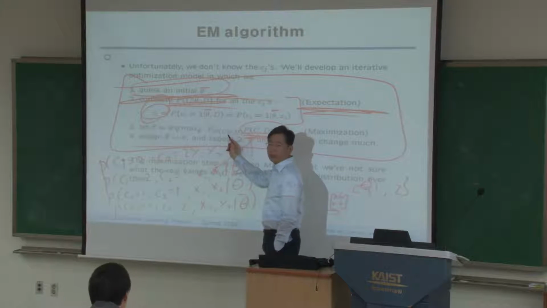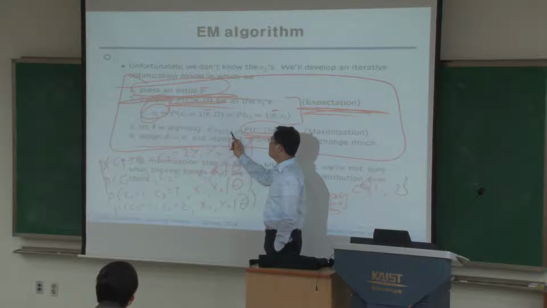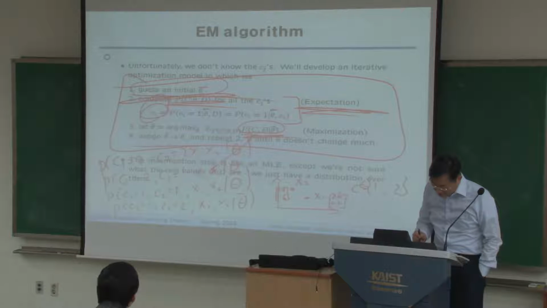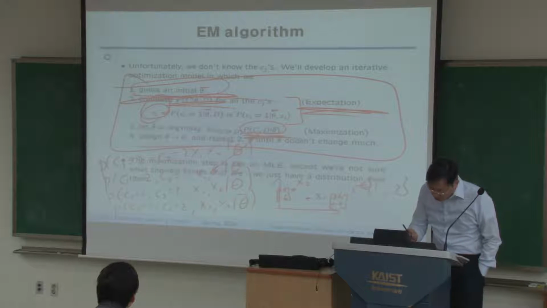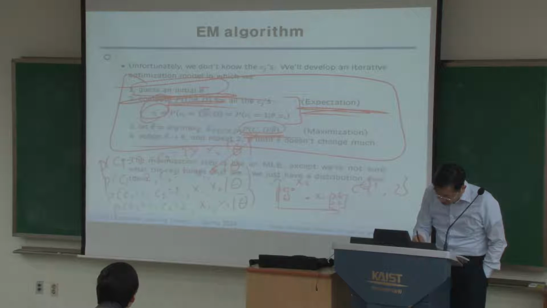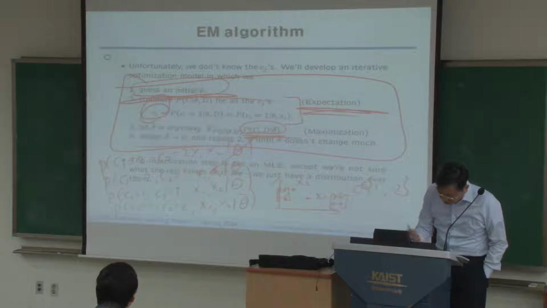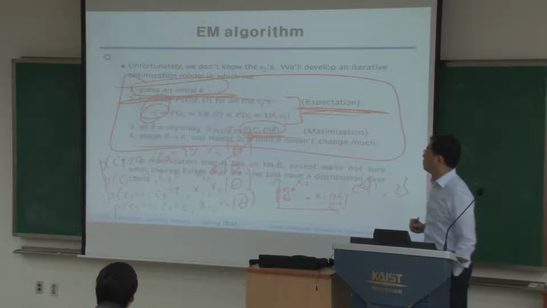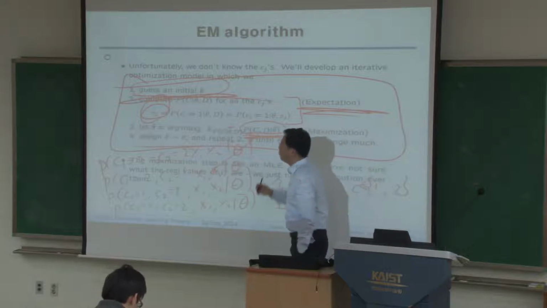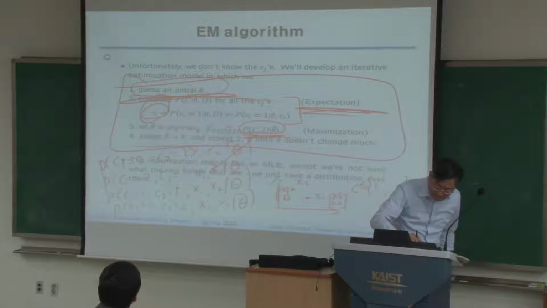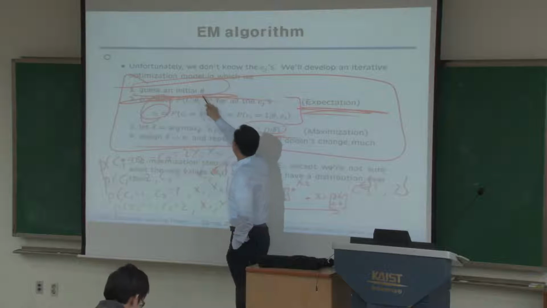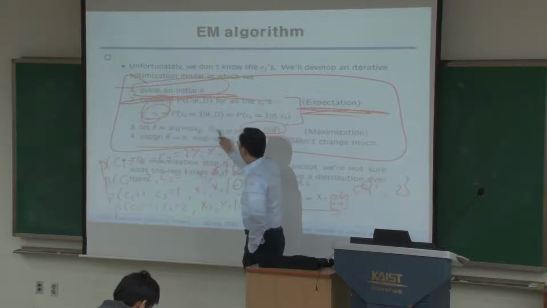What is this probability? Given the parameter, so here in this case, actually, sorry, all the bars should be removed. So the initial guess is theta.